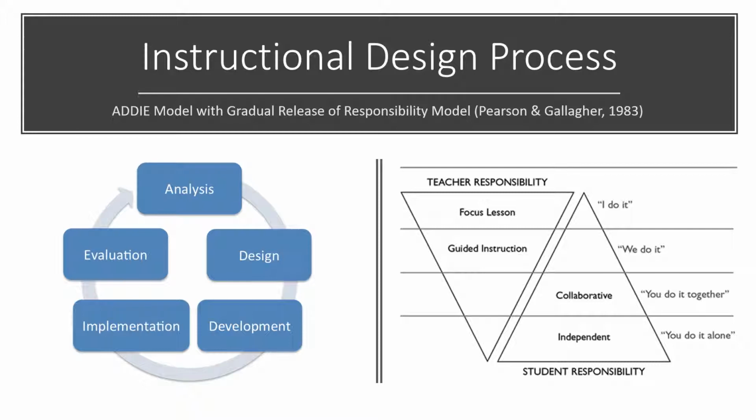It's 5% at most of the development of that course going forward. I've gradually released that responsibility for the design of the course from myself to the professor. And then once they've been able to diffuse that, they'll be able to create those courses on their own.